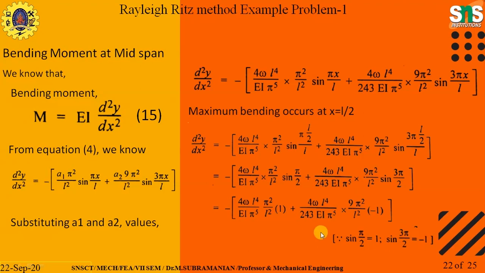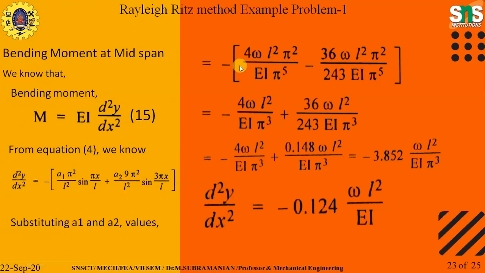Substitute these values. So minus 4 wL^4 pi square by E I pi^5 L square into 1 plus 4 wL^4 by 243 E I pi^5 into 9 pi square divided by L square. So sin 3 pi by 2 equal to minus 1. Simplify this.